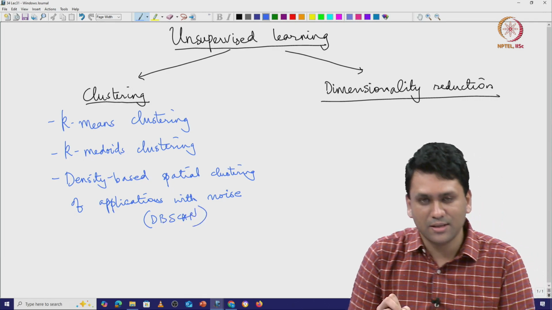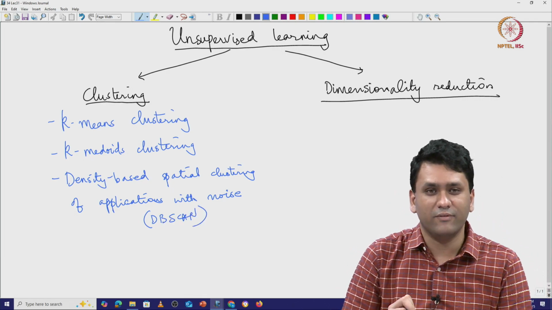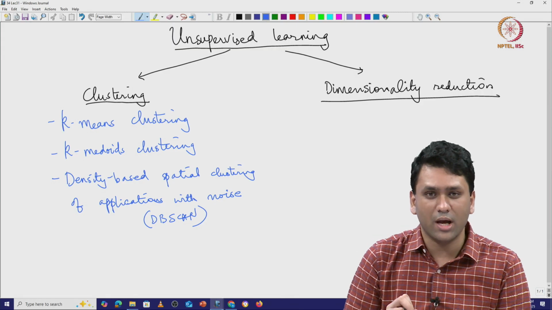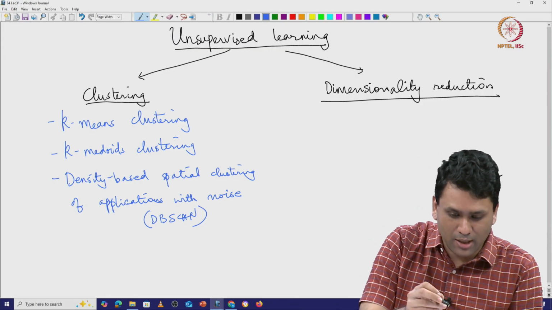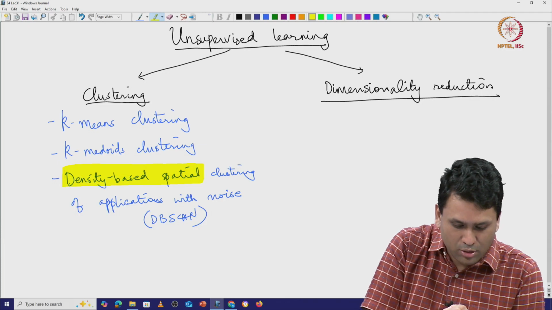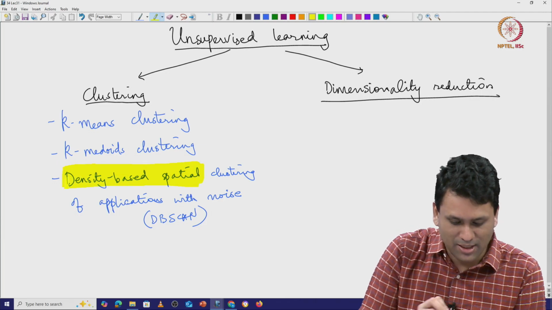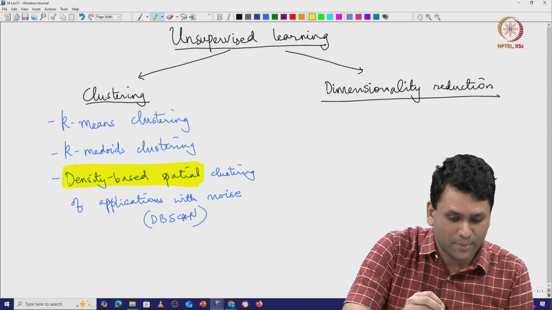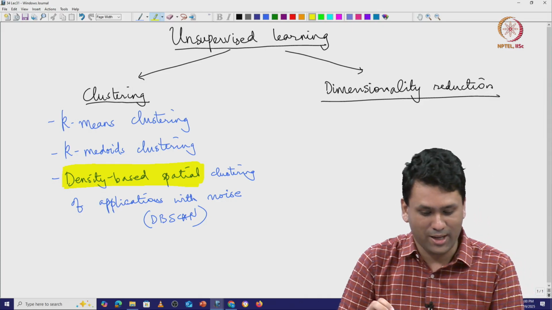As the name suggests, this method is useful when there is noise in the data, when there are outliers, and that is because it relies on this density based approach, wherein you try to group points which are more densely packed and then separate points which are less densely packed.